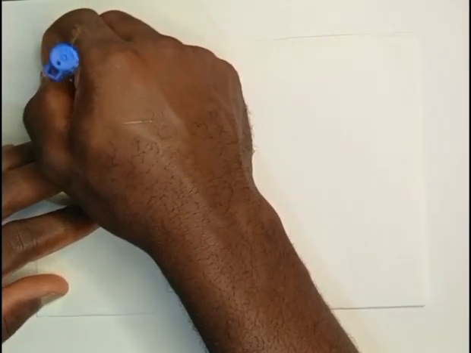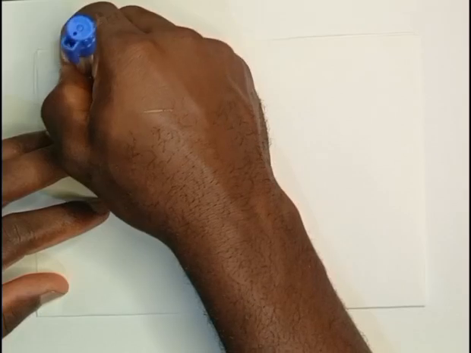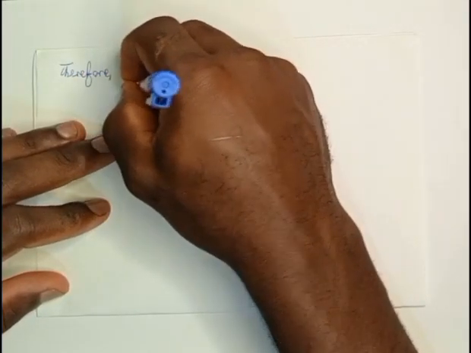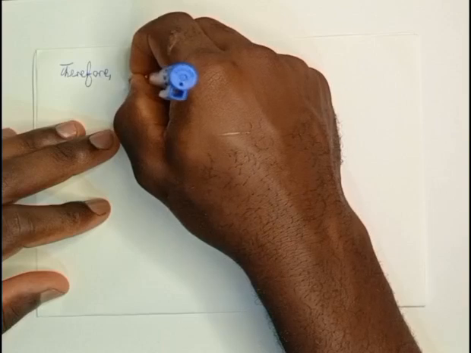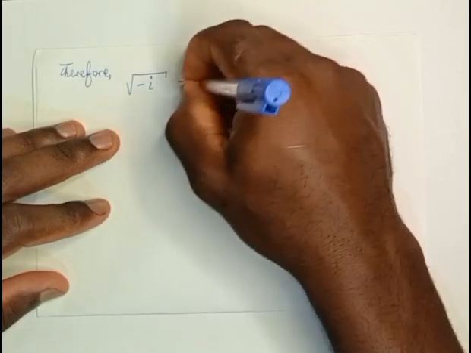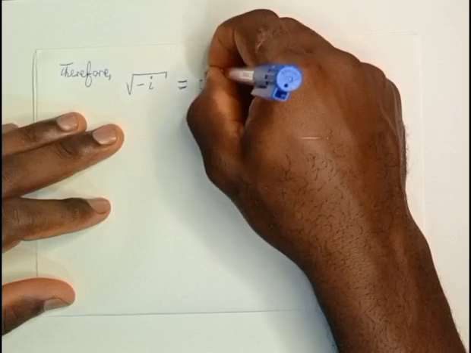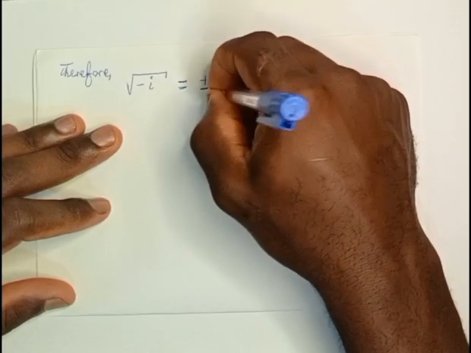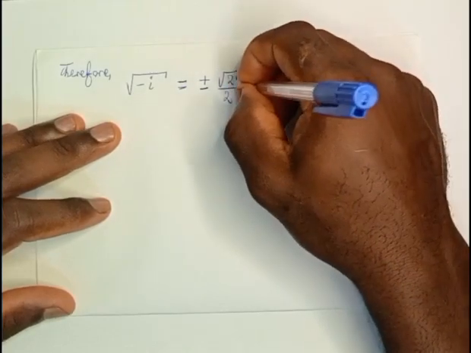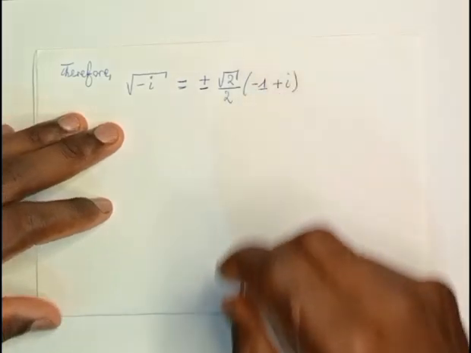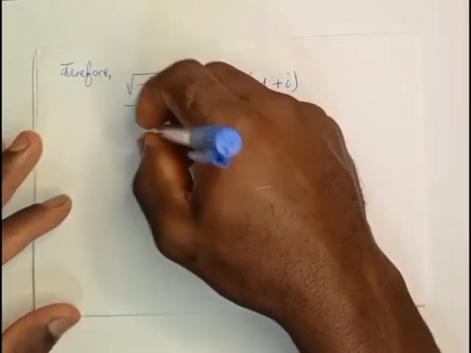Let's write down the conclusion. Therefore, the square root of negative i is equal to plus or minus root 2 over 2 times negative 1 plus i. Let's verify.